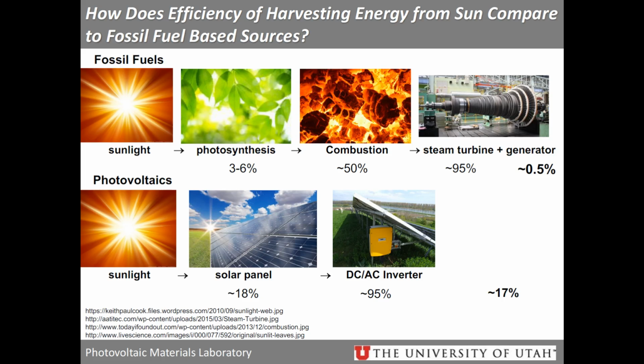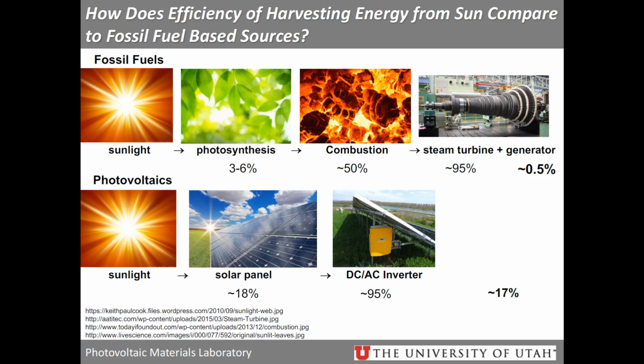So let's do a very simple math. The amount of sunlight that gets transferred as energy by plants is roughly 3 to 6%. Out of this 3 to 6%, the amount of energy that we get through coal is roughly around 50%.